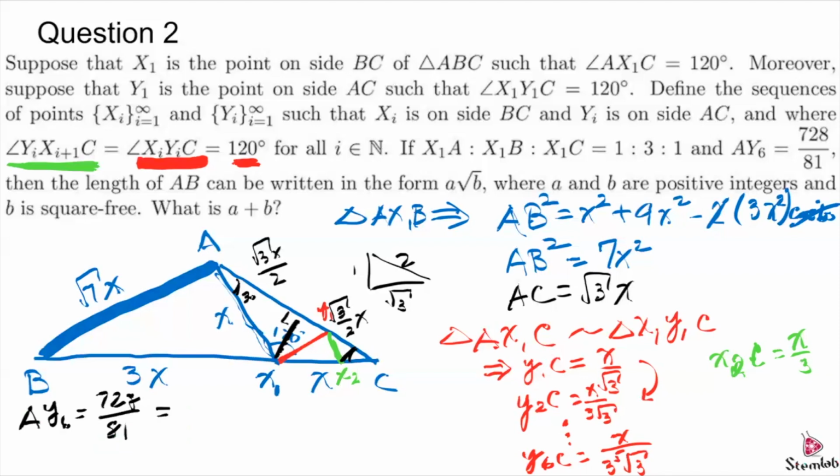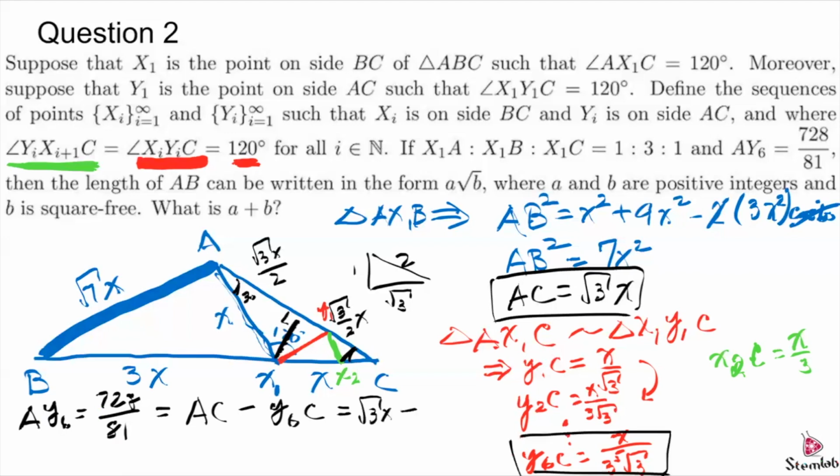And this is equal to basically AC minus y sub 6 of c, which is equal to, well, AC is no more than what we have here, root 3x minus y sub 6 of c, which is what we have there, x all over 3 to the 5th root 3.